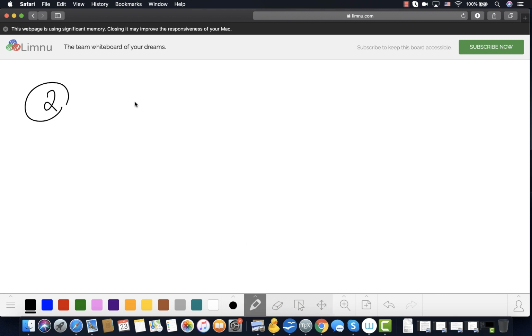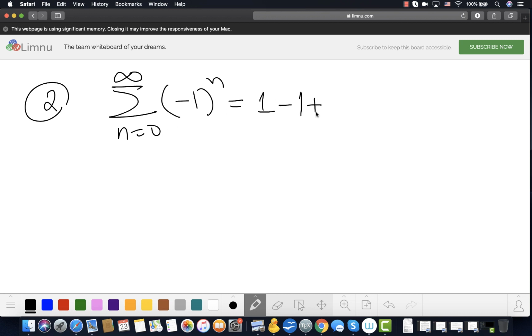In this case, the geometric series is the sum from n equals 0 to infinity of minus 1 to the n. So the first term is negative 1 to the power of 0, so that's 1. The next term is negative 1 to the power of 1, that's -1, and then you have +1, -1, +1, -1.